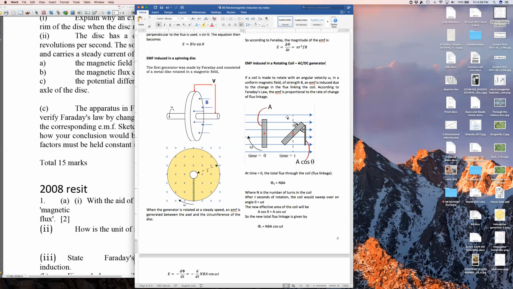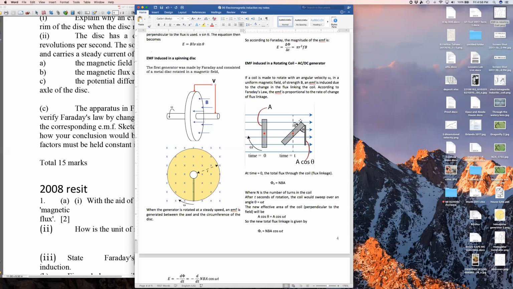Now, after t seconds, this coil would spin. The coil was here and rotates to this orientation. But the new effective area of the coil, the area perpendicular to the field, would be given by A cos theta.